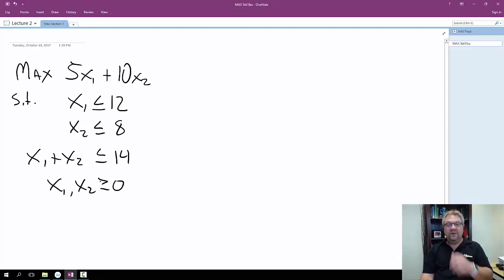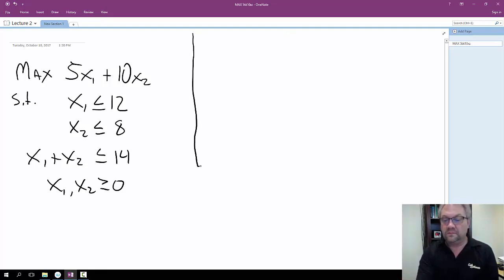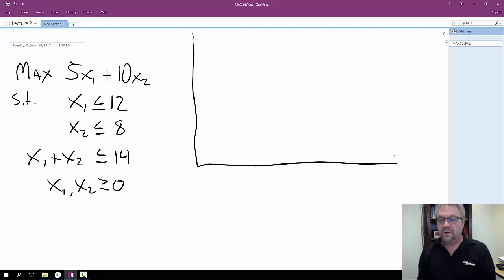So first thing we're going to do is try to show this graphically. I'm going to put my graph here, and leave some room down here to work out some of these formulas.